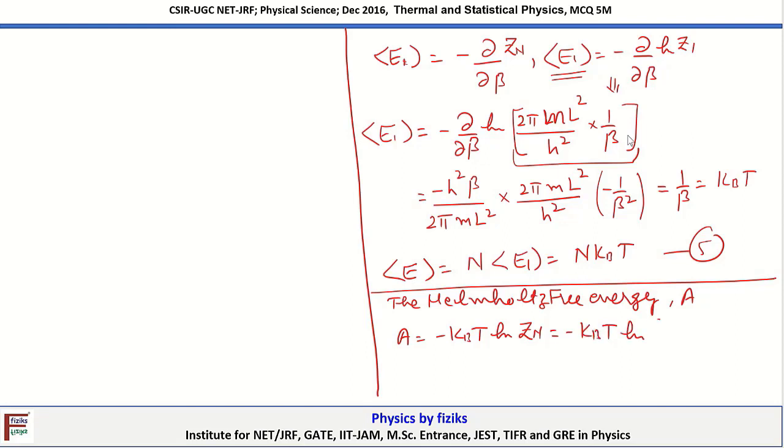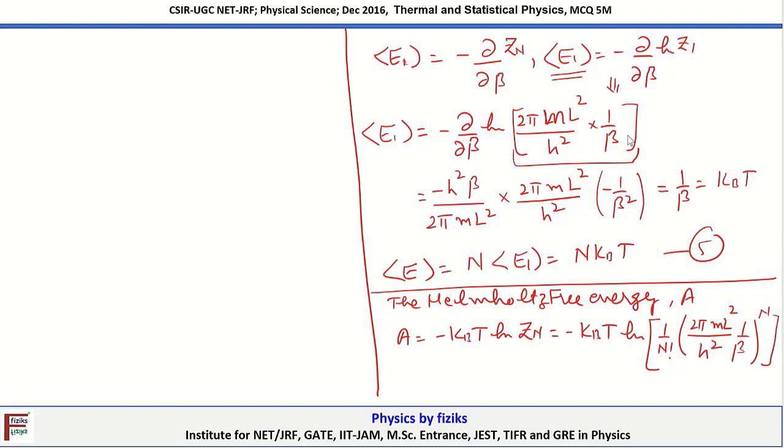Okay, so that means that is equal to minus kBT ln of 1 over n factorial, and then inside the bracket we have 2 pi m L square upon h square into 1 by beta, okay, and its power n.